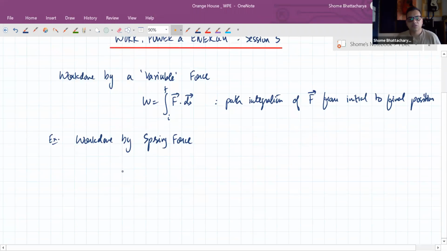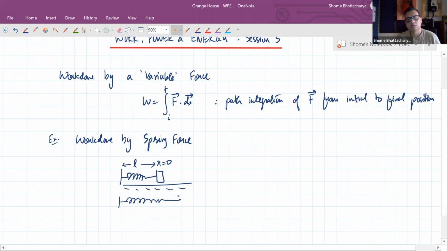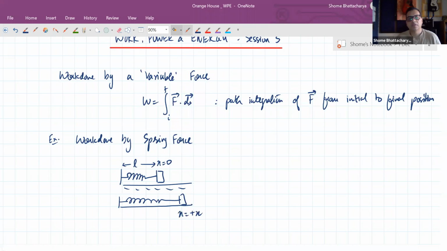So what we had understood is that when we attach a spring to a body like this, if this is the x equal to 0 position where the spring is in natural length, then when the body is at a positive x coordinate, the spring force is negative kx like this.